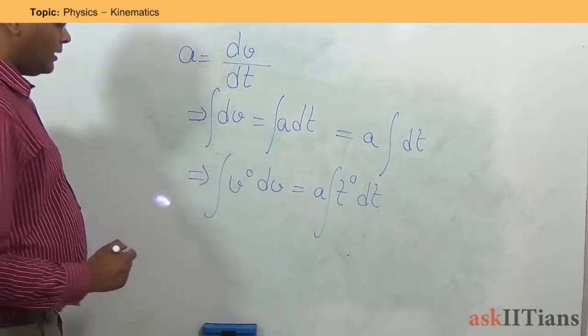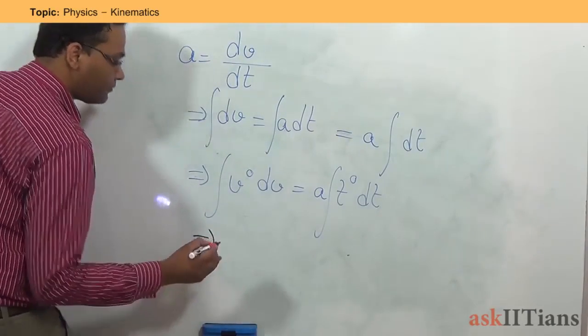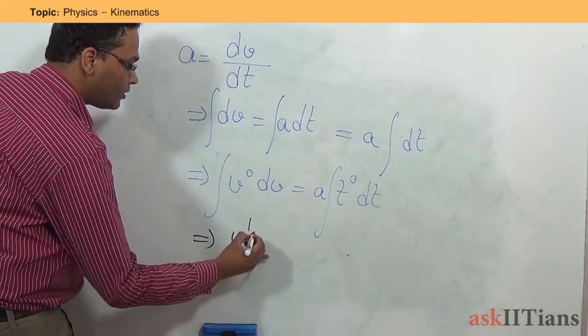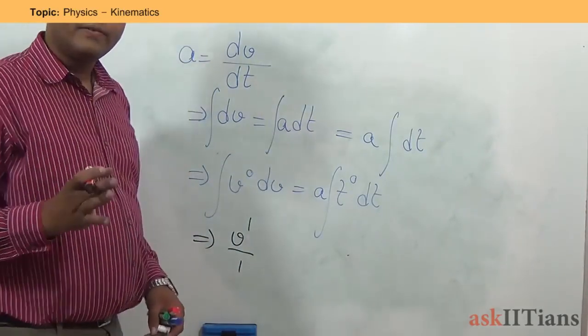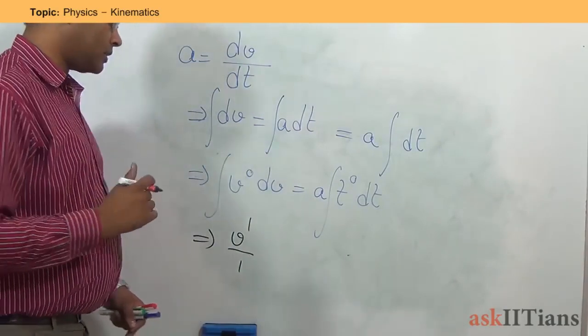If I use the formula, I'll get v raised to the power 1 by 1. But hey, we have an initial value of velocity, right?